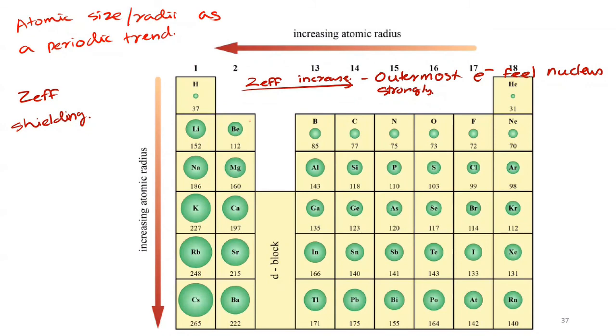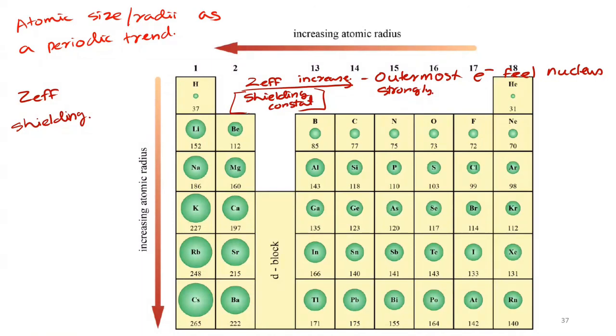From left to right, ZEF increases and shielding is constant. Shielding does not change. So the effective nuclear charge increases as we keep on adding protons going from left to right in the periodic table.